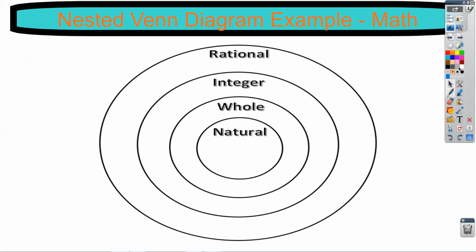Remember, on the previous slide, we said that this was Kayla, this was Houston. Integers was Texas, and rational was the United States of America, USA.